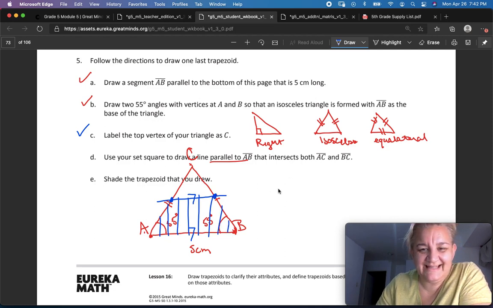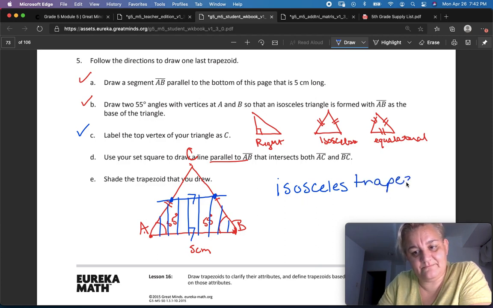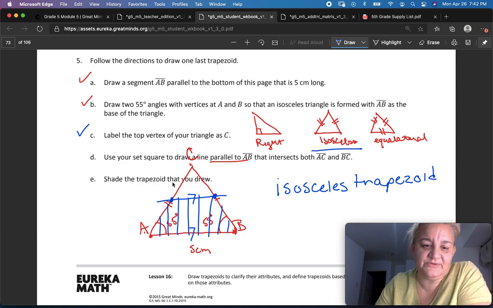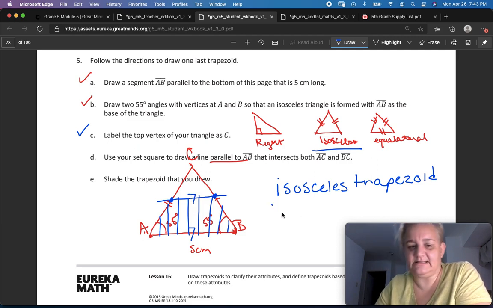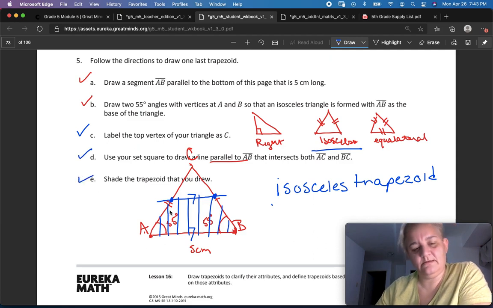And that is called an isosceles trapezoid. This is an isosceles triangle, and we drew an isosceles triangle, but then we drew a parallel line right there, and we made an isosceles trapezoid. Okay. Great.